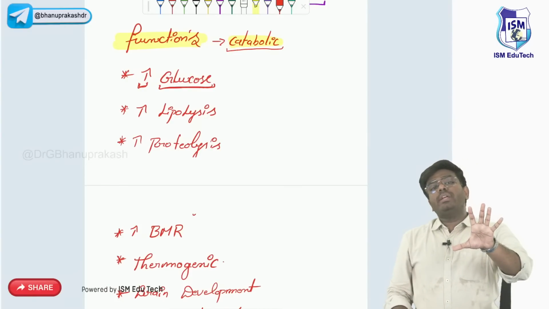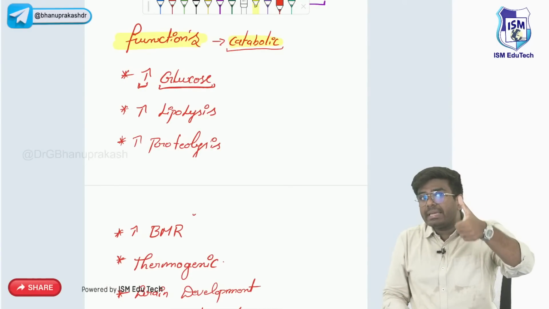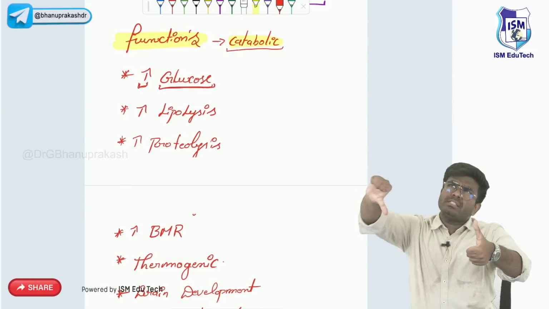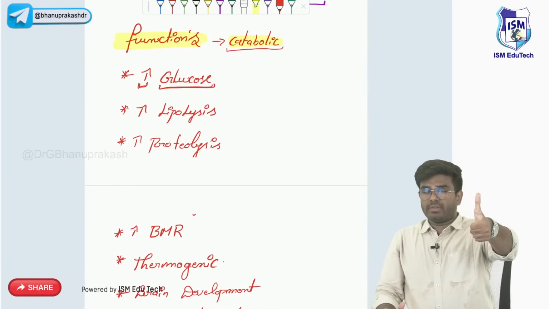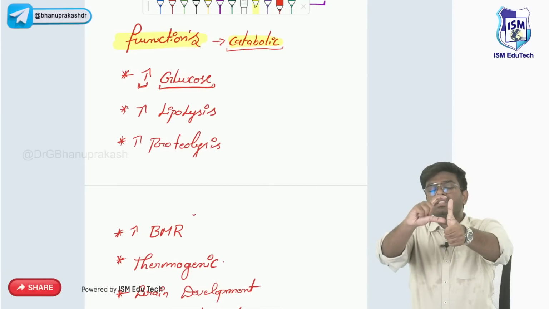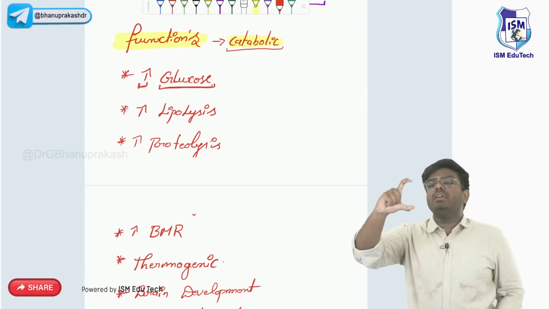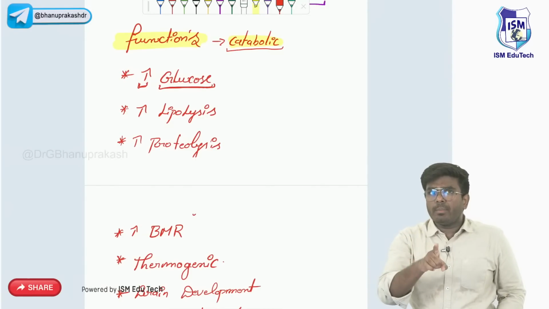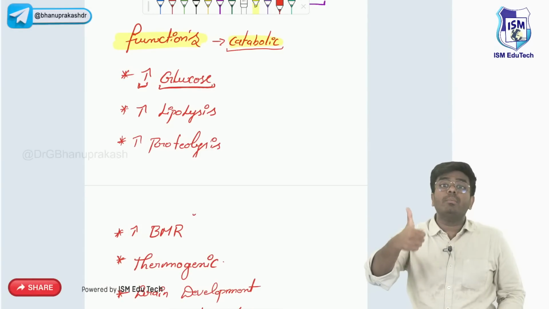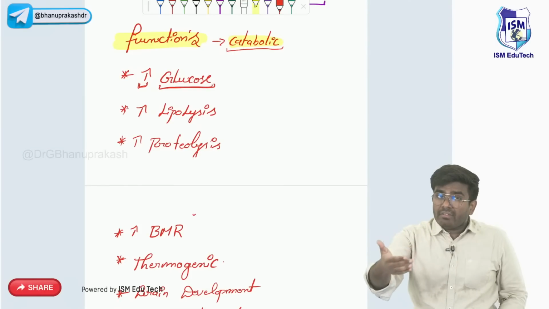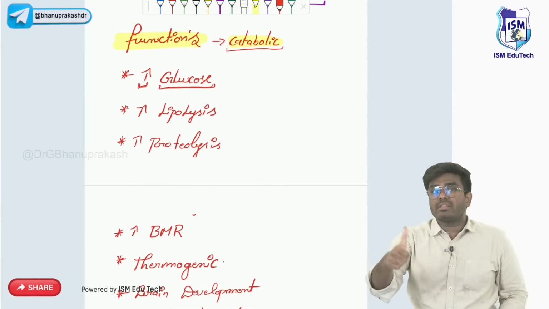See, most of the students, again I am repeating, most of the students will think insulin will decrease the blood glucose levels, glucagon will increase the blood glucose levels. Only in student mind, this will be only there. But also remember, not only glucagon, growth hormone increase the blood glucose levels, thyroid hormone increase the blood glucose levels. Later I will say cortisol increase the blood glucose levels.